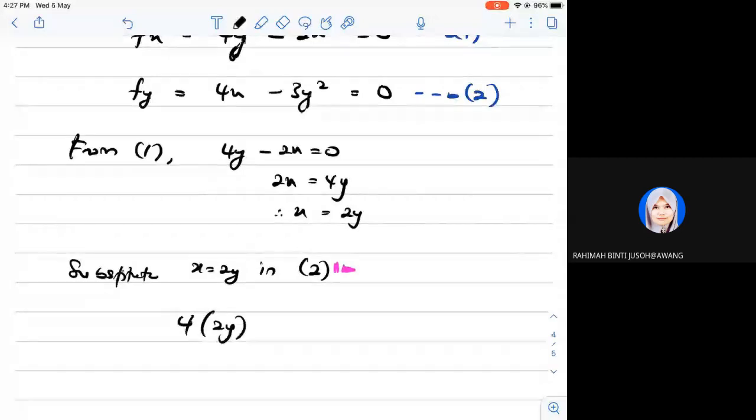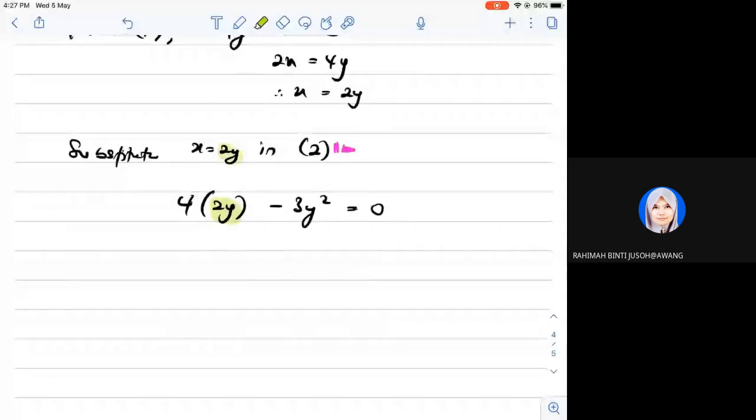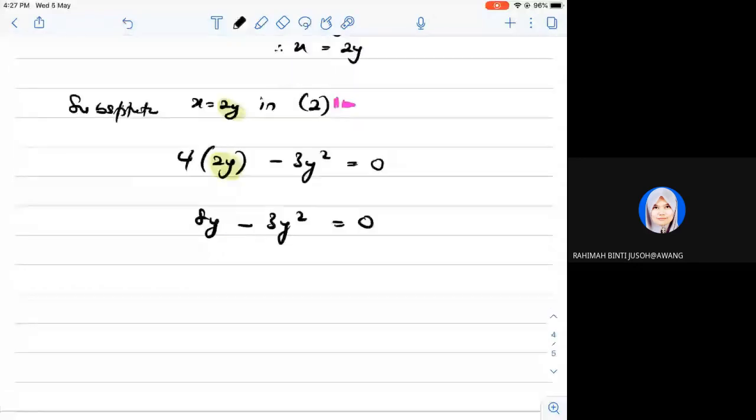And then minus 3y squared equals to 0. Gantikan x equals to 2y. Okay, so now kita ada 8y minus 3y squared equals to 0. Okay, so we need to factor out y. Factorkan y, you ada y times 8 tolak 3y equals to 0.